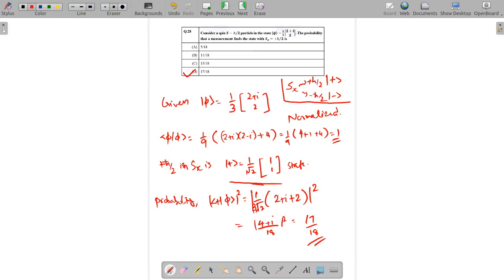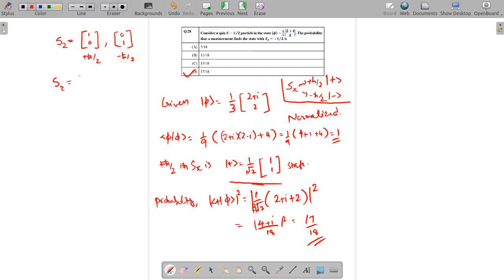I don't know whether you have learned this, so I just give you the states. The Sz Pauli matrix has the states (1, 0) and (0, 1). So this is the plus ħ/2 state, this is the minus ħ/2 state. These are standard notations.